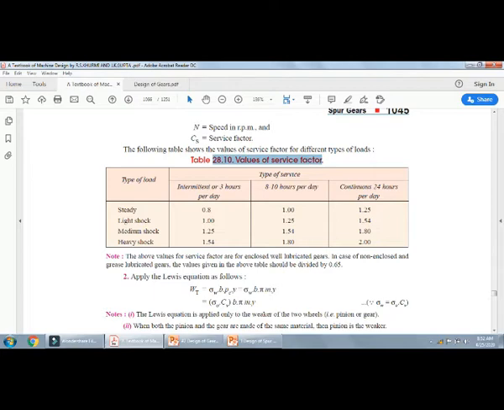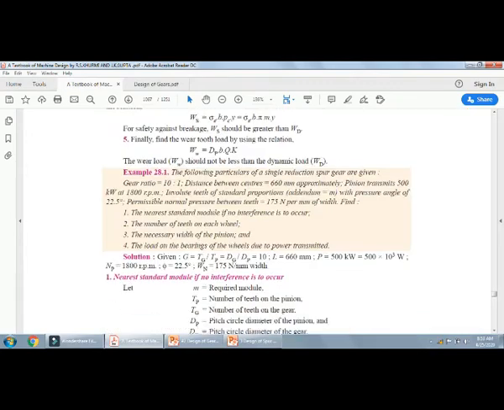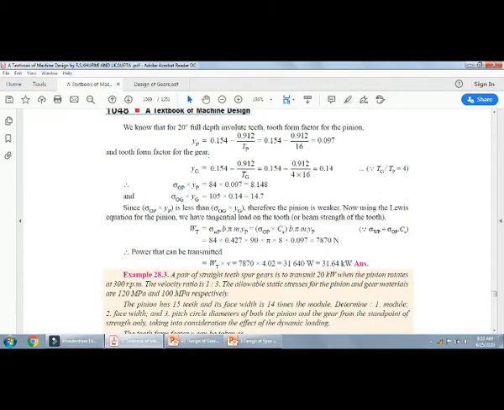Then the number of working hours, near about 3 hours per day, 8 to 10 hours, etc. In this numerical he is assuming the type of load is steady load and the working is 8 to 10 hours per day. For simplicity, mostly we will assume the load is steady load if not given, and working is 8 to 10 hours, so this factor will be 1 for simplification. Now come to the point.